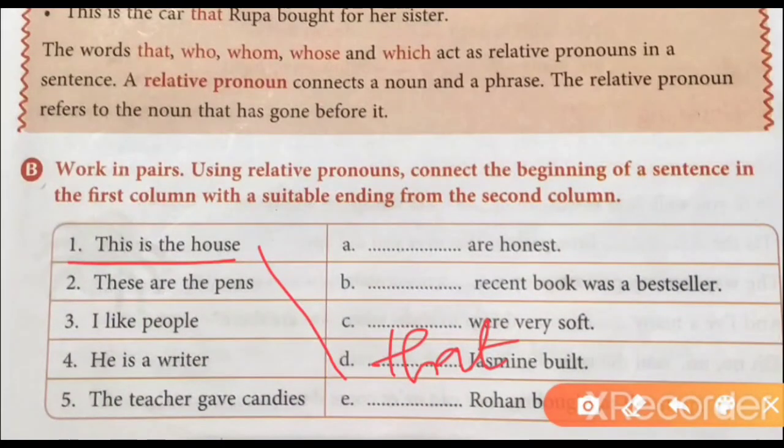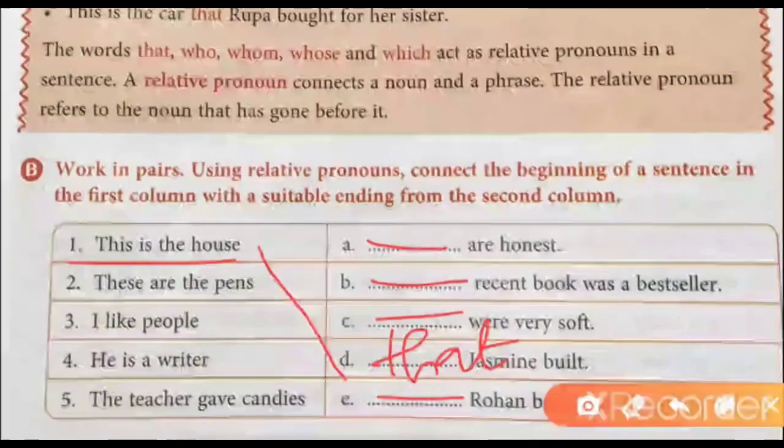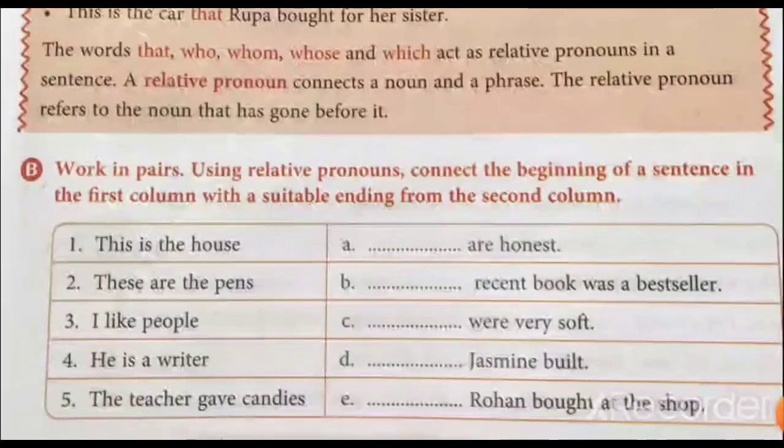So you have to find the correct pronoun, write it in the blanks, and match it to make a meaningful sentence. So be clear in this exercise, children. Do it by yourself and complete it. After completing it, take your snap and send it in the group.